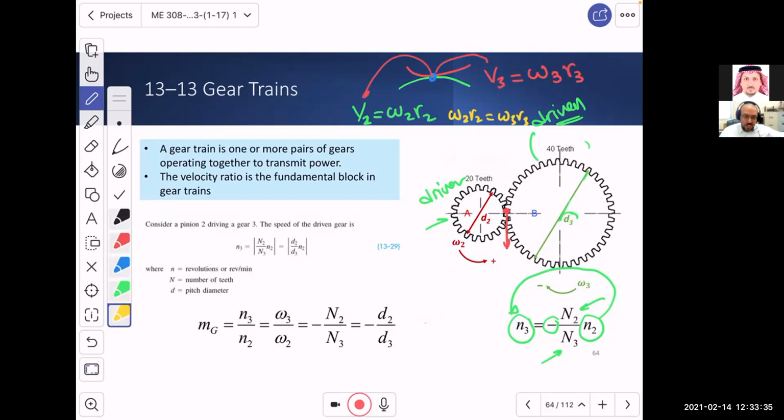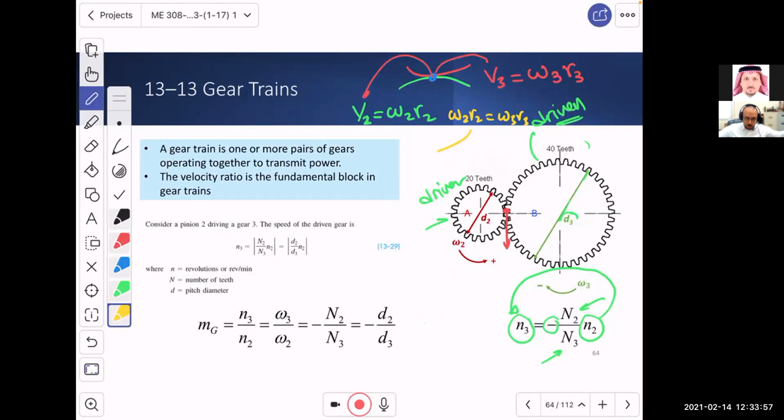Now, omega is related to N because omega is radian per second, while N is revolution per minute. The radius can be related to the diameter by multiplying by 2, and then the diameter is related to the number of teeth. So that's how we got this relation.